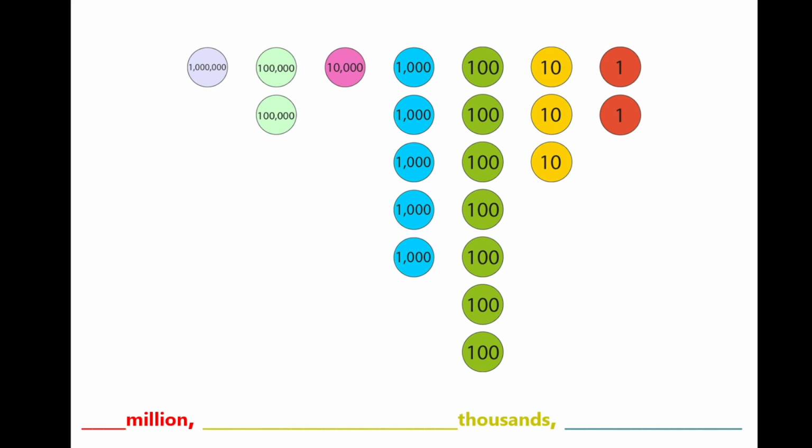Here's a number made out of place value counters. Can you think of these counters in the groups? Millions, thousands, the easy bits? And can you name this number for me? Well, looking for millions, I've got 1 million.